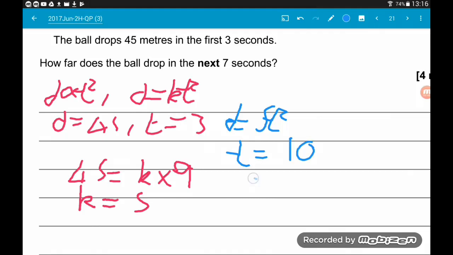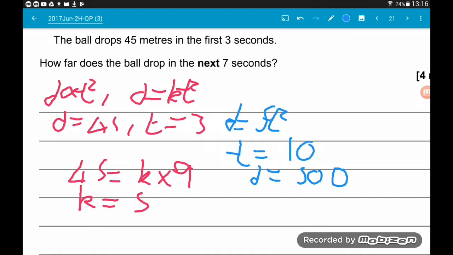So if t equals 10, then d is equal to 5 times 10 squared, so 500. So after 10 seconds, the ball has fallen 500 meters.